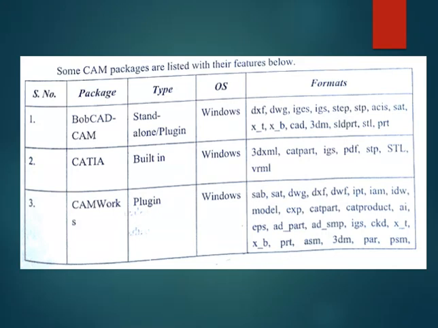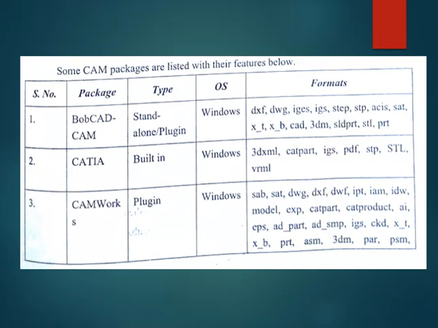Next, what are the packages? Bobcat CAM package is standalone and also plugin type. Standalone means it is software specifically created for CAM. It alone operates as the CAM software. It is also available as a plugin. First we should be aware of standalone, plugin and built-in.